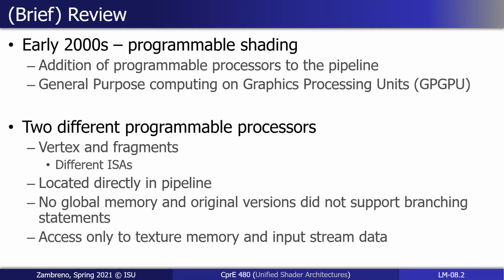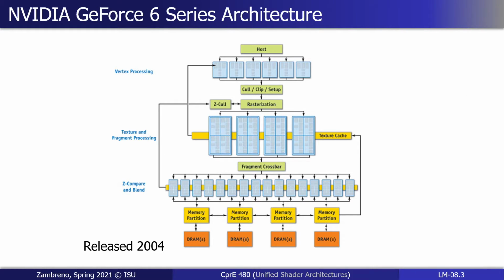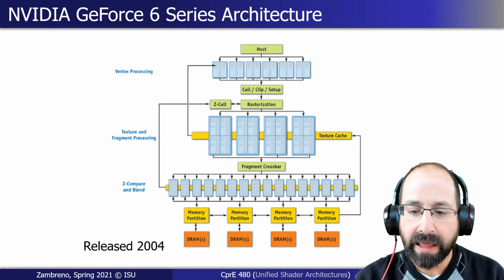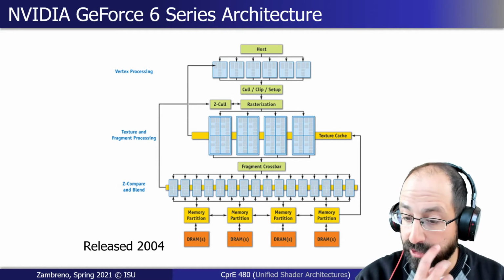And this led, in those earlier days, to the concept called general purpose computing on graphics processing units, a term that we still see used, but I think it has been mostly relegated to this idea that you can use these graphics processors, and we're talking about the 2004-era GeForce 6 series architecture, which I have on the next slide, which were not designed to do general purpose computation, and have them do general purpose computation.